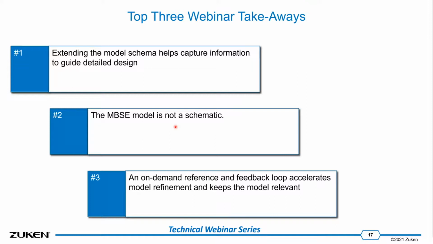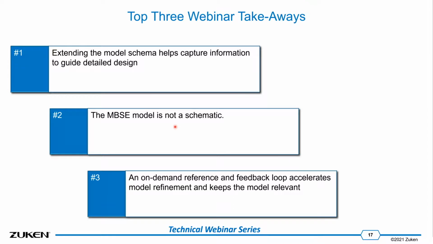The MBSE model should link to the detailed design at the topology architecture level or the system interconnect level, and be able to glean information and use that information to do more of a translation rather than being a rework of the same information.